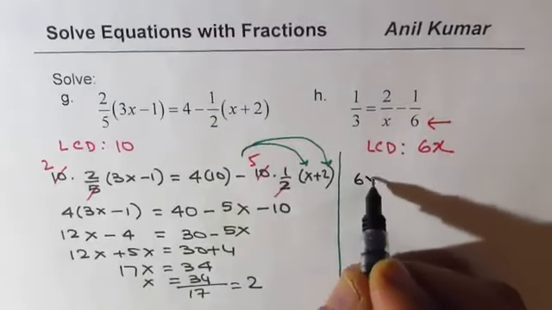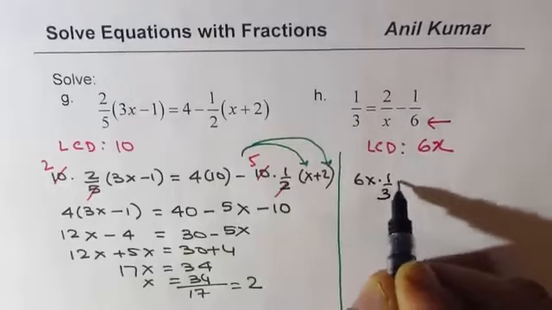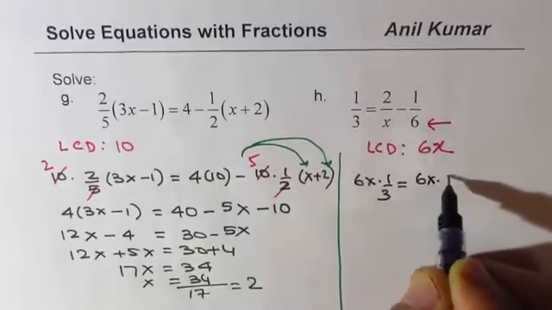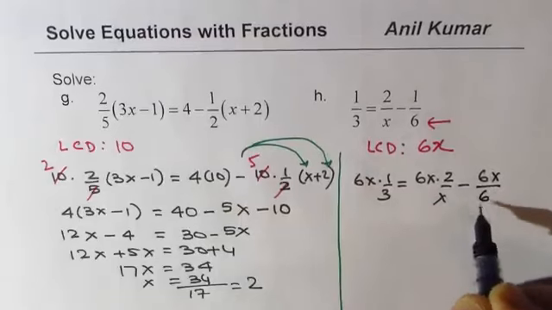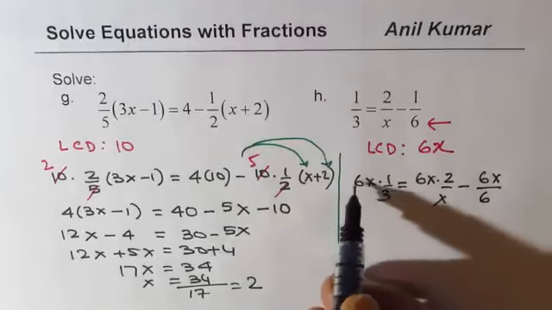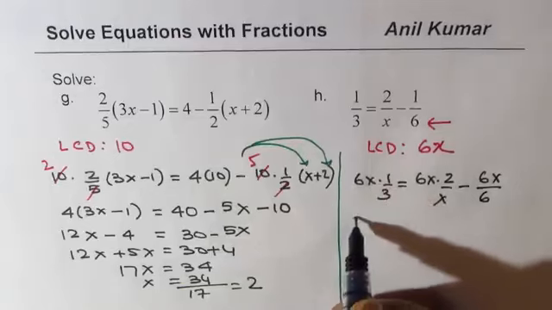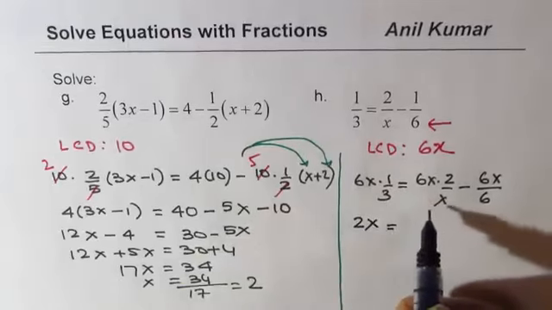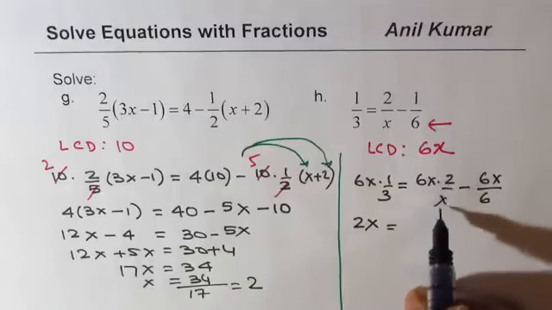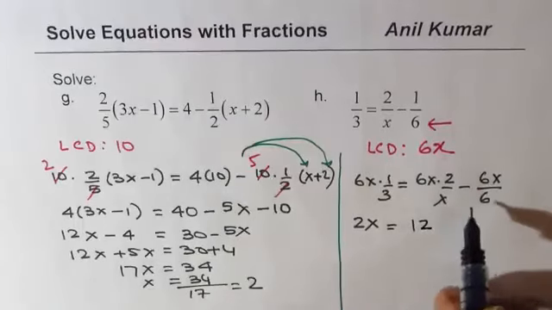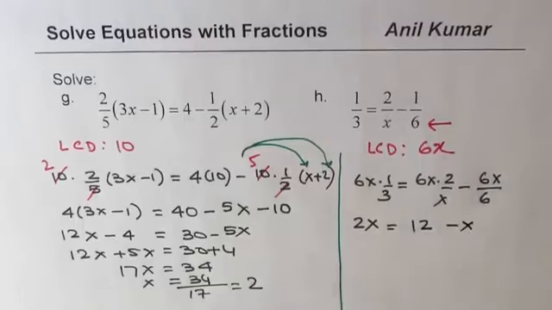So we have 6x times 1 over 3 equals 6x times 2 over x minus 6x over 6. So that gives you 6 divided by 3 is 2. So we get 2x equals 6 times 2 is 12. x and x cancel, right? So we get 12 and here we get minus x.